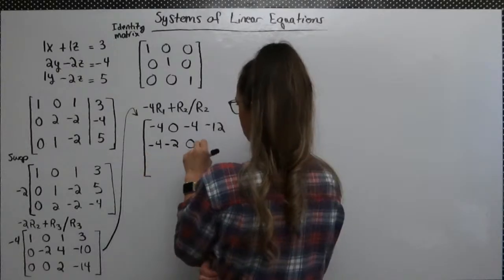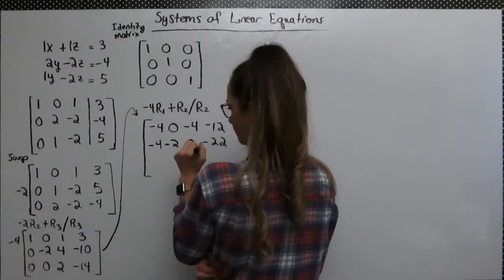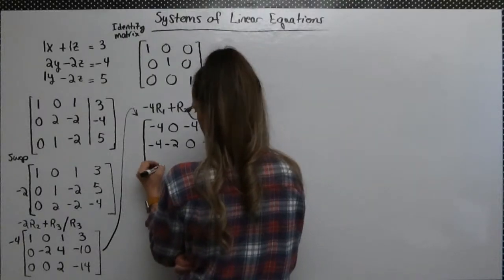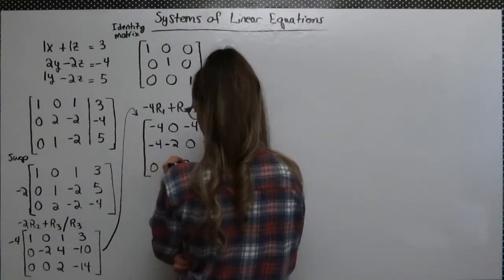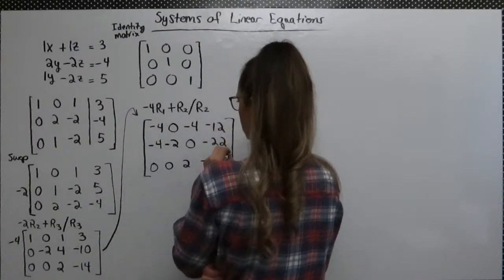And negative 12 minus 10 is negative 22. And then we have 0, 0, 2, negative 14. Okay.